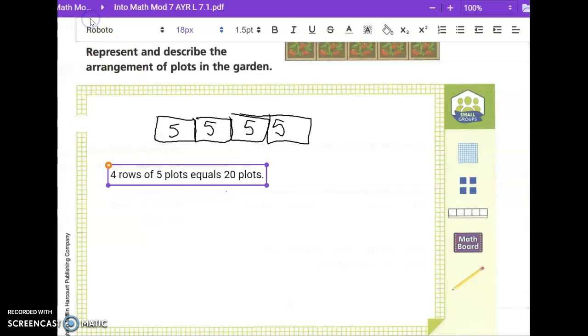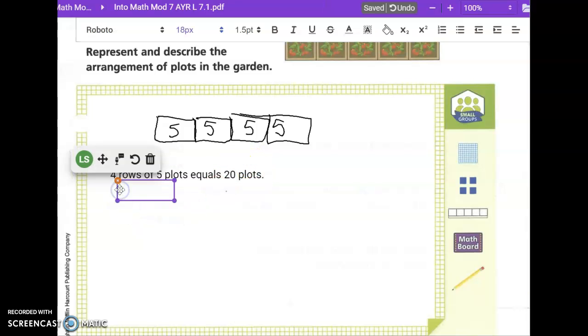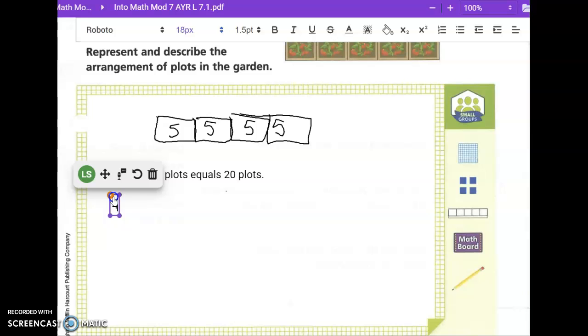Okay? What if we were to write that into an equation? What would our equation look like? We'd have 4 rows of 5 equals 20.